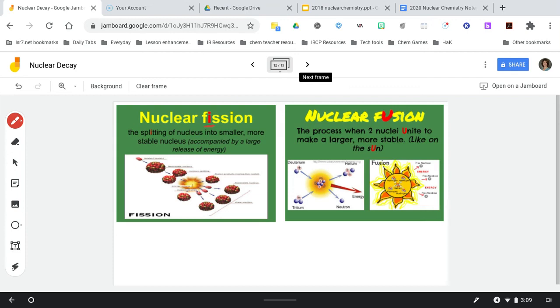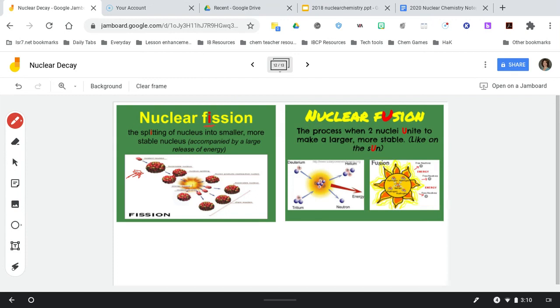When we look at fission, fission is when a nucleus splits into smaller nuclei. So here you can see I've got this big nucleus right here. Really big nucleus, probably not stable. And I have to get the process started. So usually you'll see a neutron crash into that nucleus that was already unstable. Well, when that neutron crashes in, it makes it so unstable it can't stay together, so it splits.